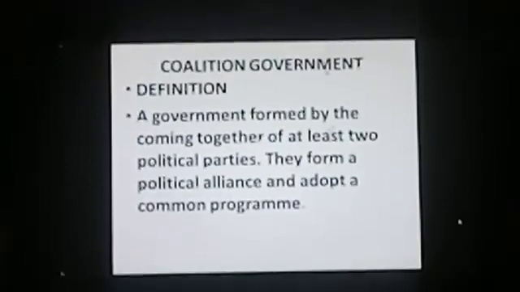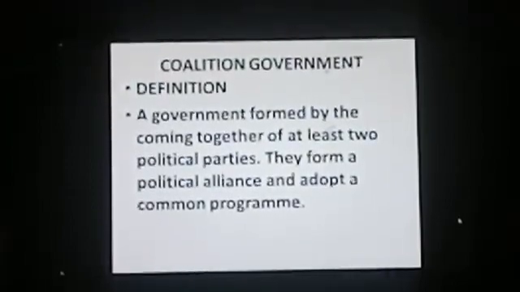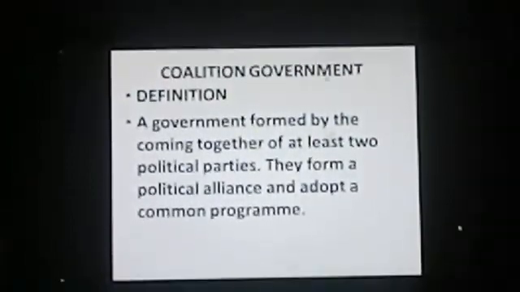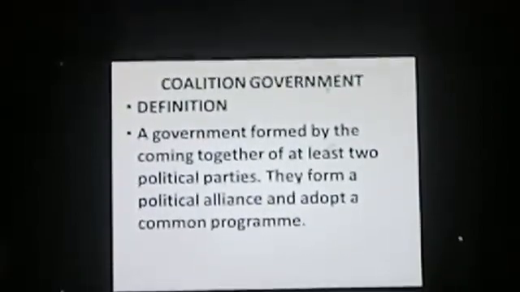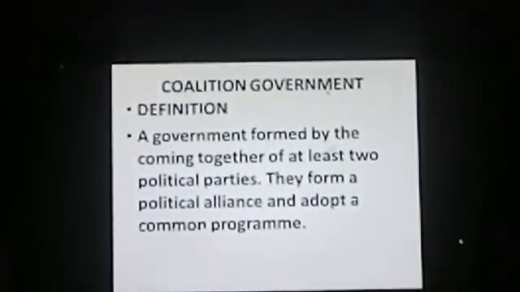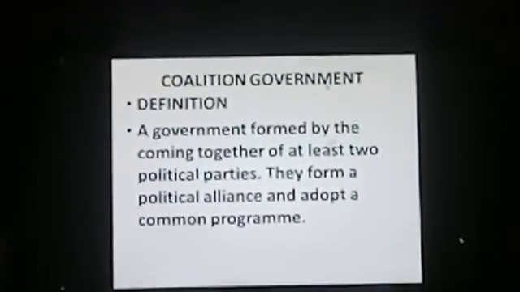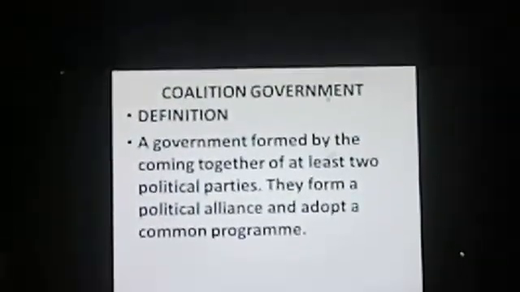Now what is a coalition government? A government formed by the coming together of at least two political parties. They form a political alliance and adopt a common program. They agree to become one government.